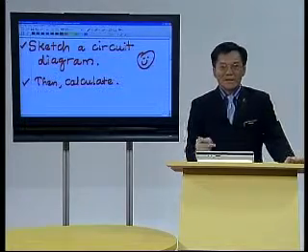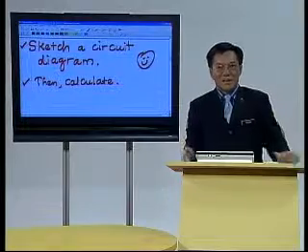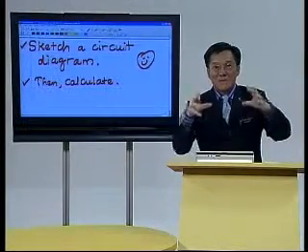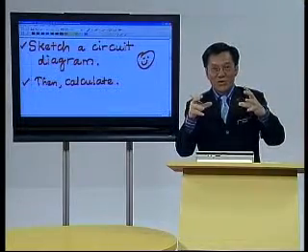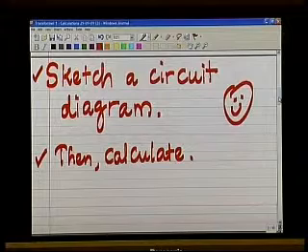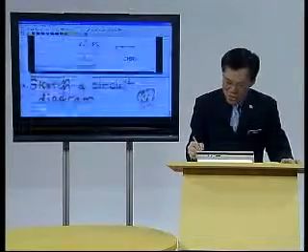Number one, sketch a circuit, a very simple diagram of the transformer. Because when you do that, everything becomes easier. It is concrete. And then you understand it in the picture form. And number two, after that, you start doing the calculation. Alright, let us now sketch the circuit first. Let's go back to the diagram.